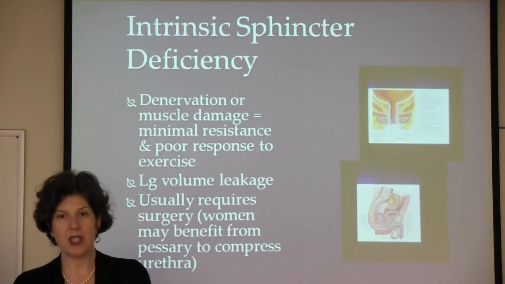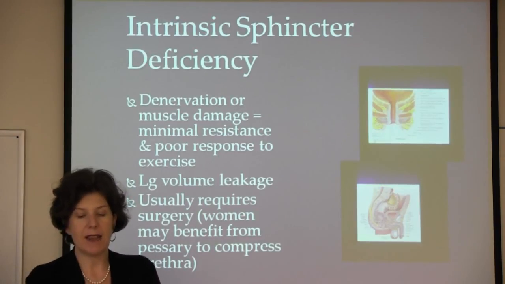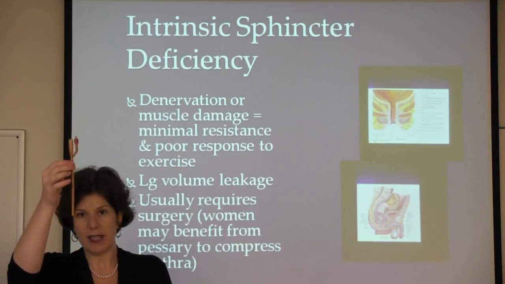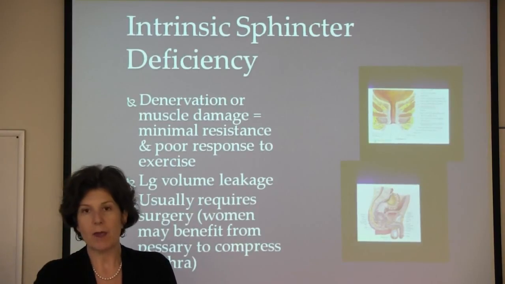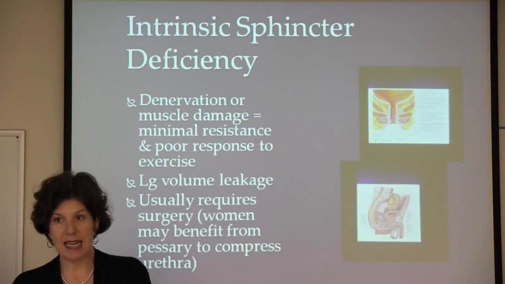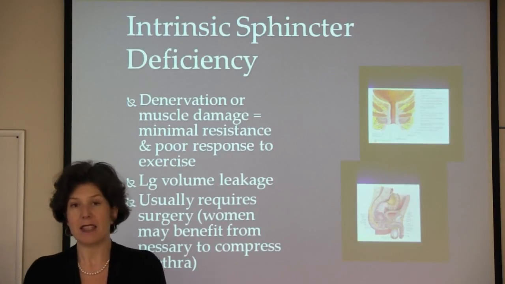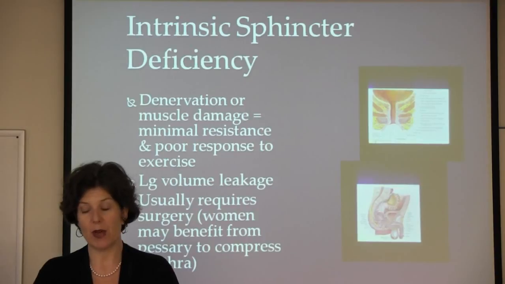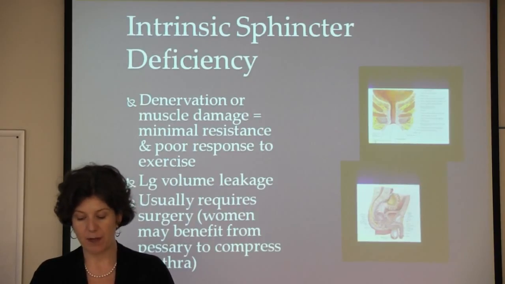What happens in this situation is it's the stovepipe urethra. Basically, the urethra doesn't even move. It's just straight open. So when the person is in a position like standing or anything like that, there's absolutely no coaptation of the urethra, and they'll just have a gush of urine.